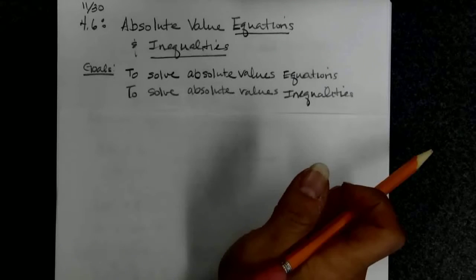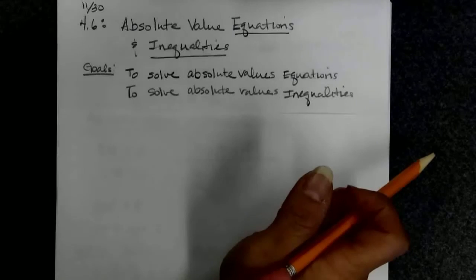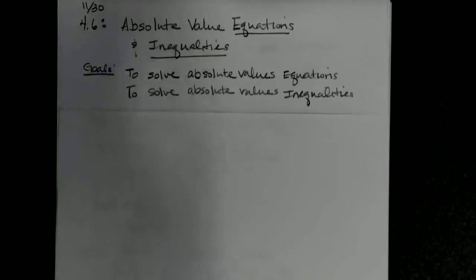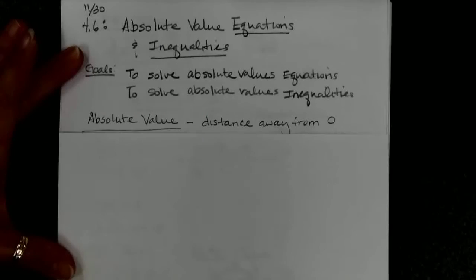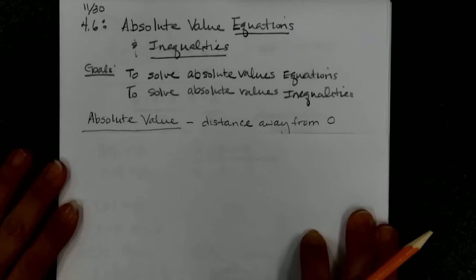Before we go into solving equations and inequalities, we're going to talk about what absolute value is, as a review. Absolute value is how far a number is away from zero on a number line.